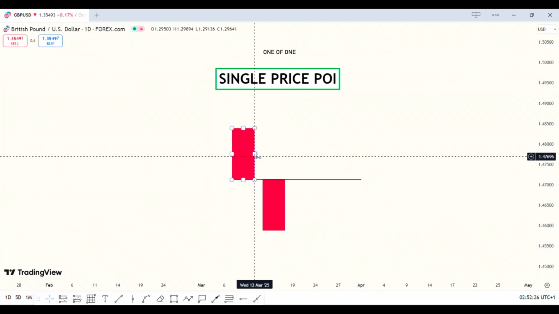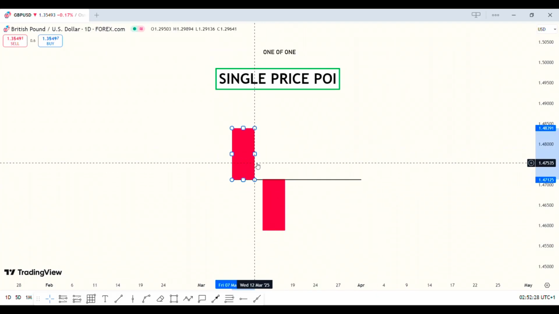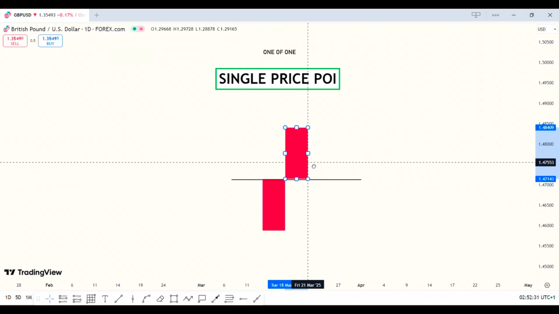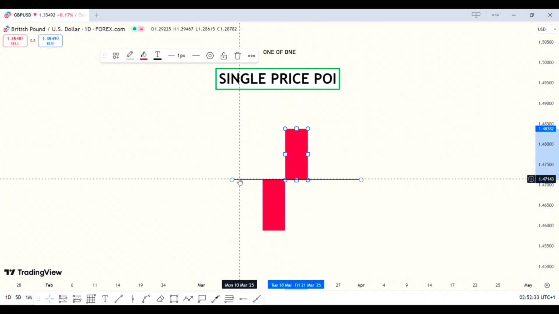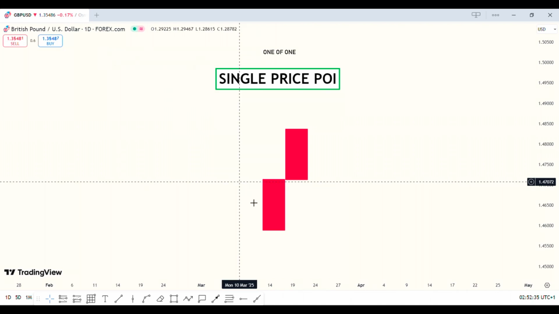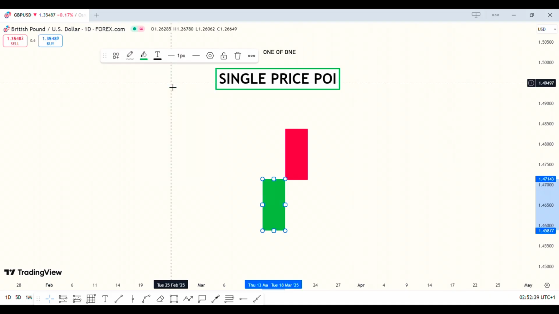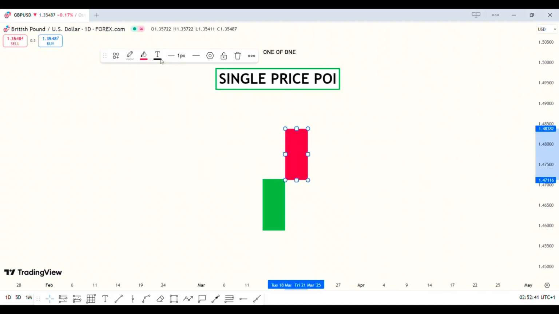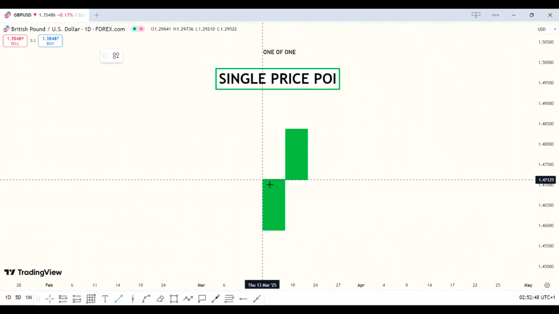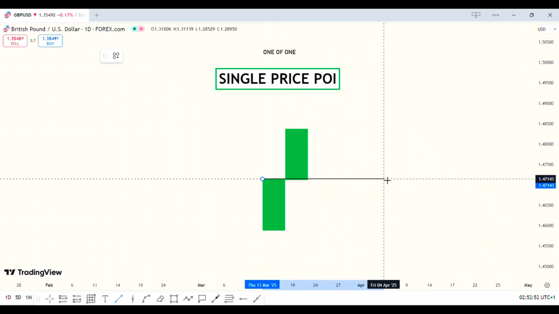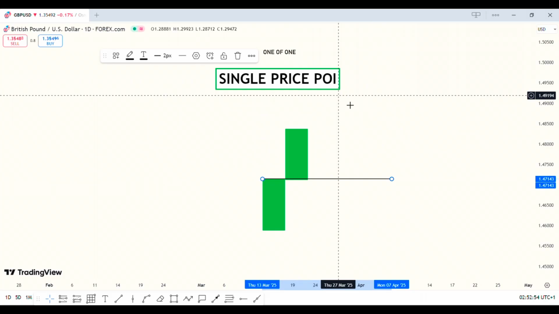Another way that this can exist is when we have two bullish candlesticks. I'm trying to take my time just to make sure that we understand this. So we can have two bullish candlesticks, and again, like I said, the first candlestick's closing price would be what we are going to consider as a single price POI.